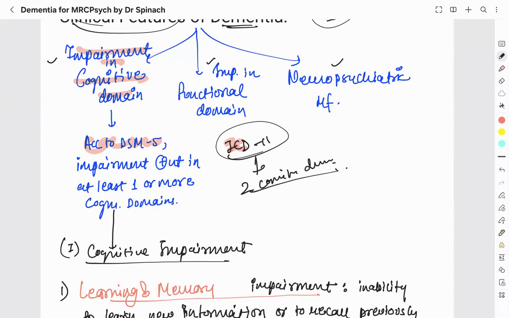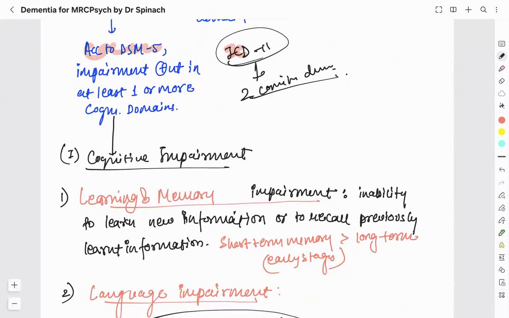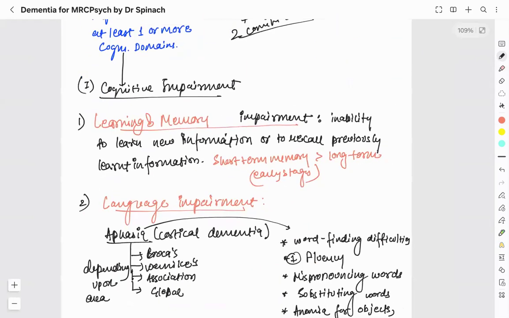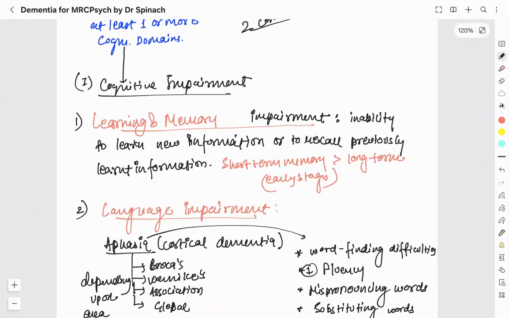Then cognitive impairment would include learning and memory impairment. So when there is learning and memory impairment, the patient would be unable to learn new information or to recall previously learned information.